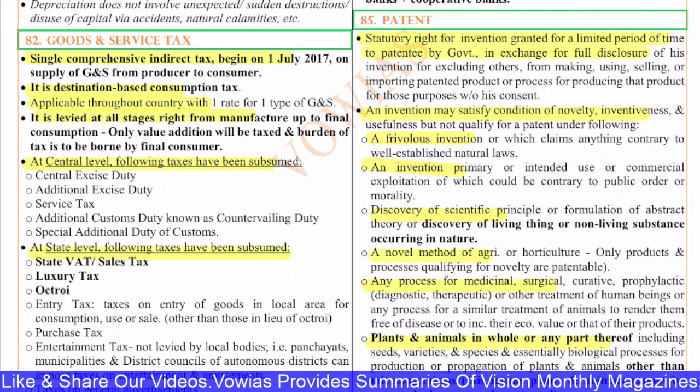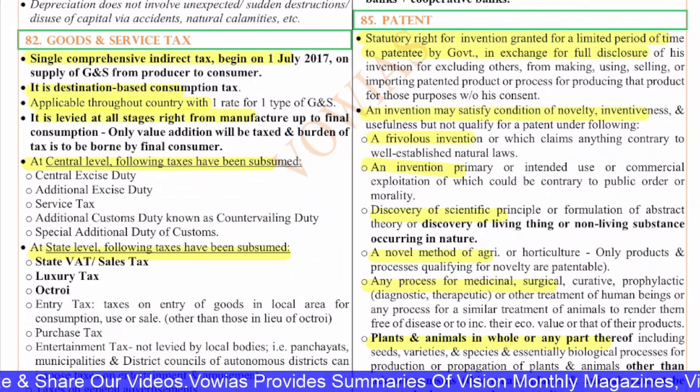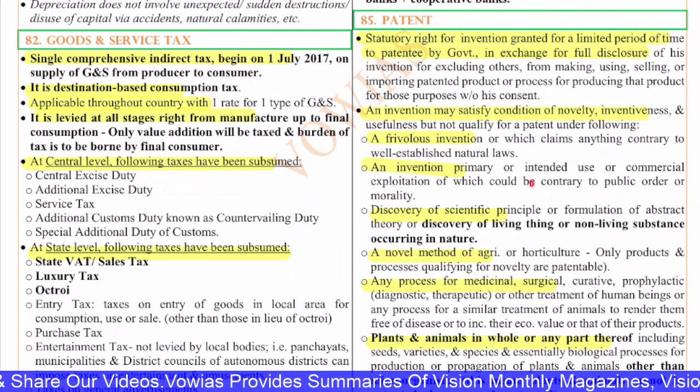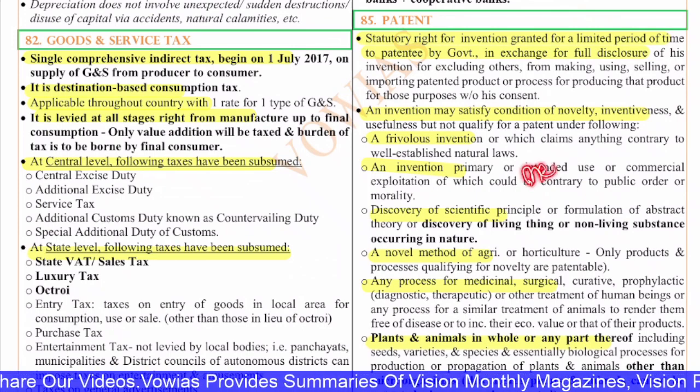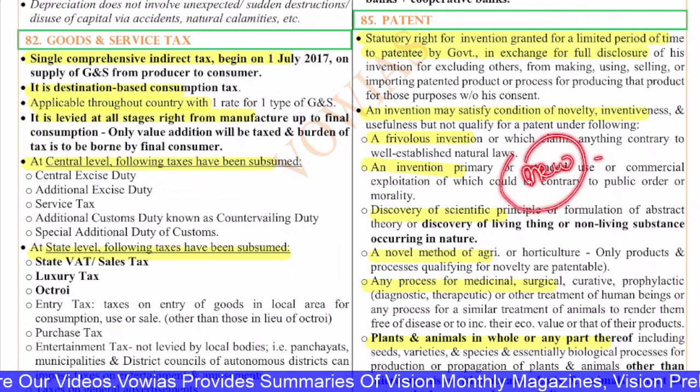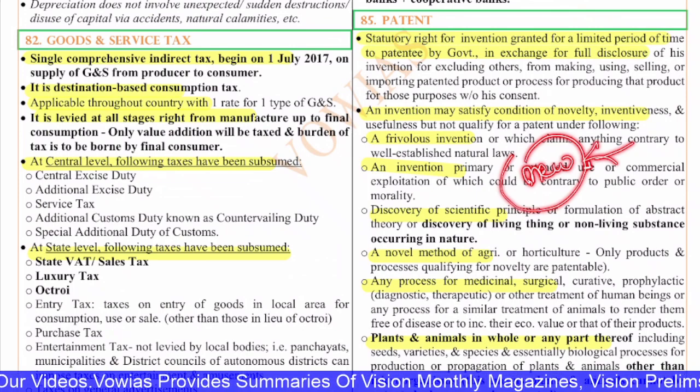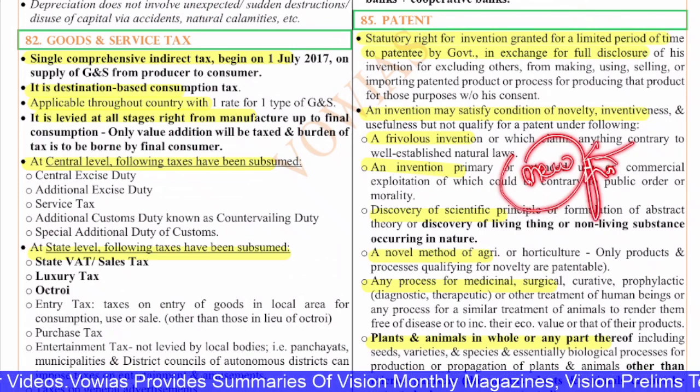It means if a person builds any new thing, a new invention, then he will be granted a patent so that no one will be able to use this process for developing that product.